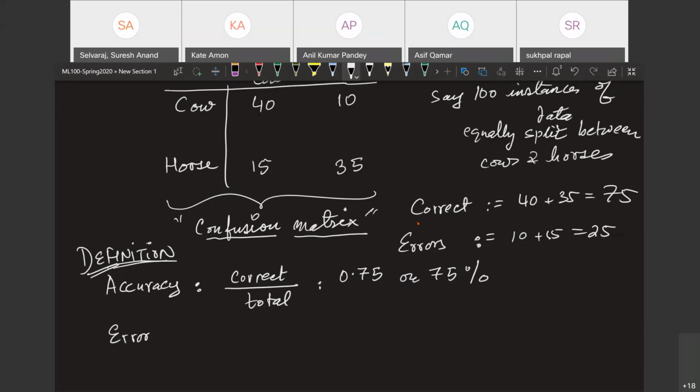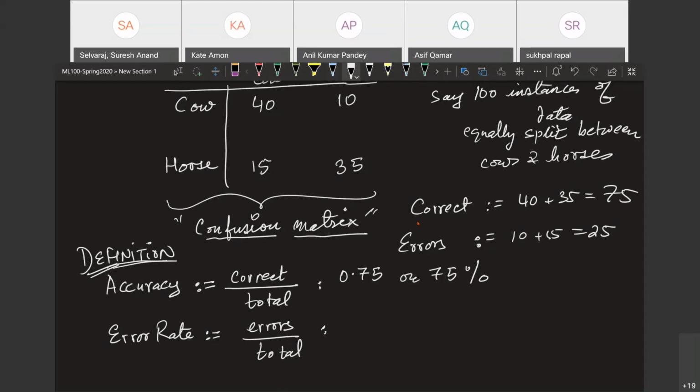Now, what is the error rate? Errors. Error rate is defined as, sorry, by the way, this symbol mathematicians use, when you have two dots and an equal to, it is supposed to be the symbol for "defined as." So error rate is defined as errors over total.